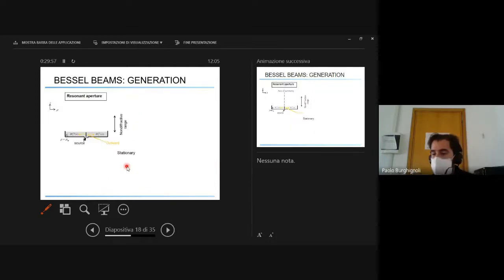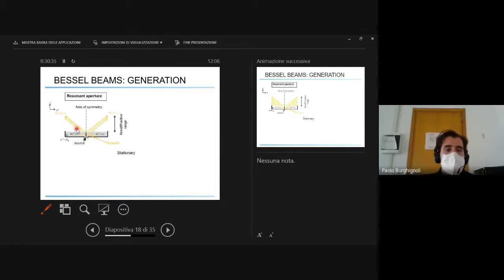Okay, but now let's see how many ways we have to generate a Bessel beam, because in the previous slide I have shown rays that are emitting towards the center of the structure. But is this really possible? Well, when you have, for example, a cavity and you excite it from the bottom with a simple source, you will have waves that propagate in the outward direction, and in a cylindrical reference frame this will be a Hankel function of the second species and order 0, for example.